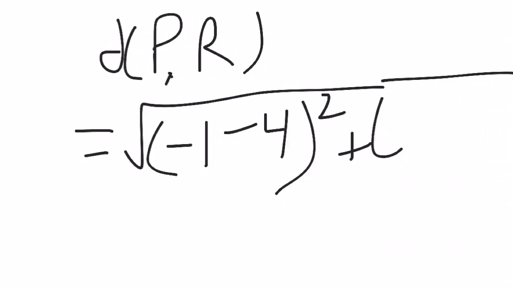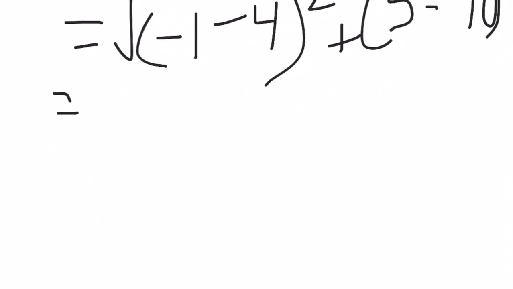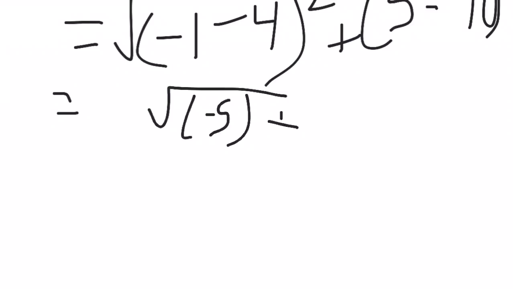The y, again, beginning with point P, so it'd be 5 minus negative 10, square it. Negative 1 minus 4 would be negative 5. And then 5 minus negative 10 would be 15 squared.